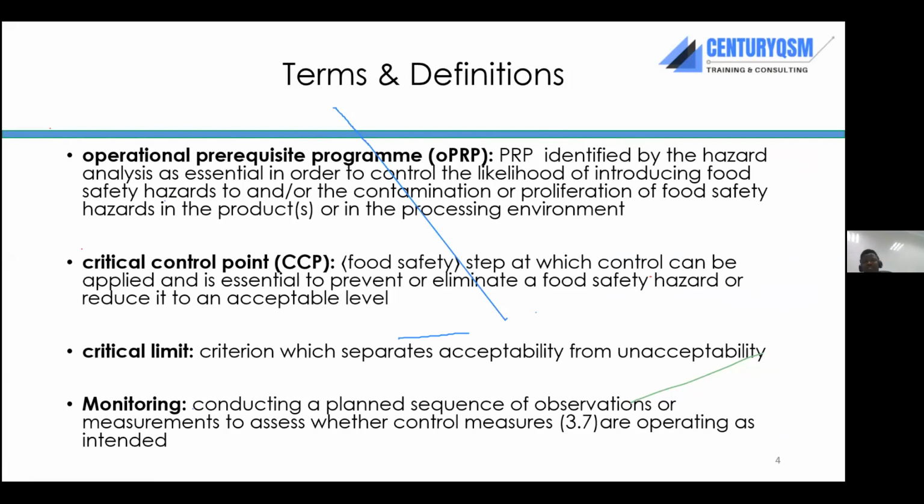So PRP is identified by the hazard analysis as essential in order to control the likelihood of introducing food safety hazard to and or the contamination or proliferation of food safety hazard in the product or in the processing environment. But for food critical control point, it is a step at which control can be applied and is essential to prevent or eliminate a food safety hazard or reduce it to an acceptable level.